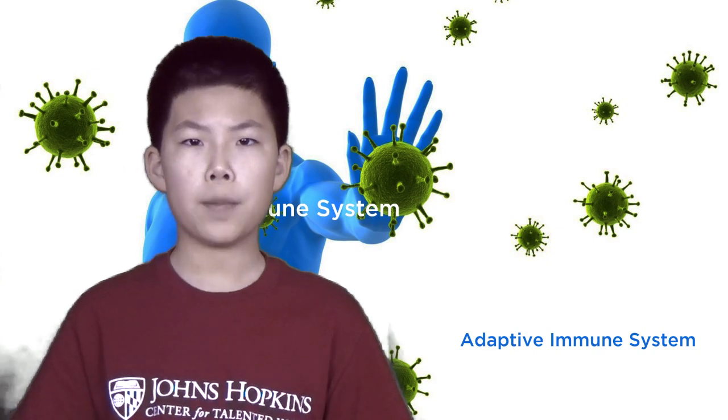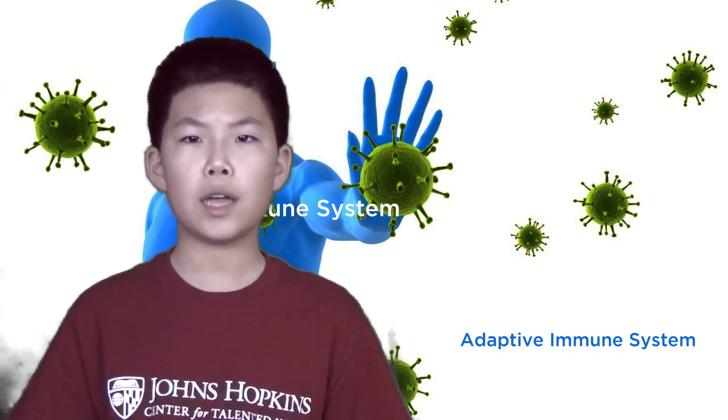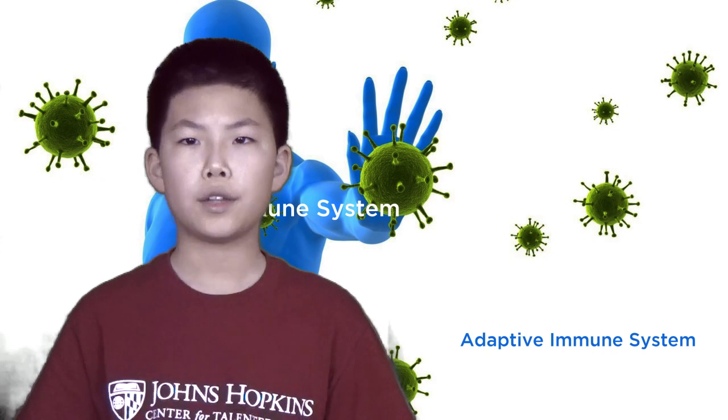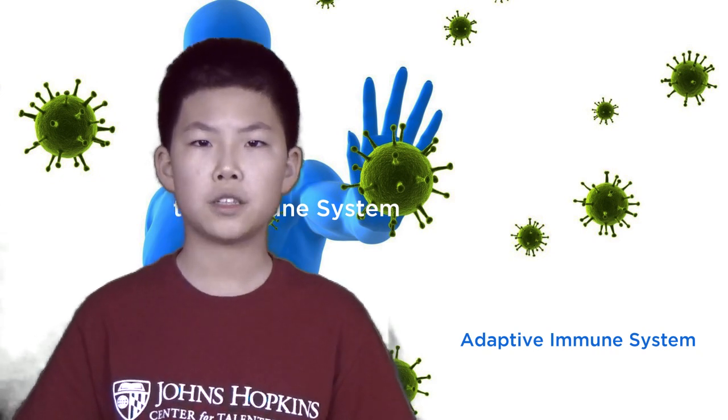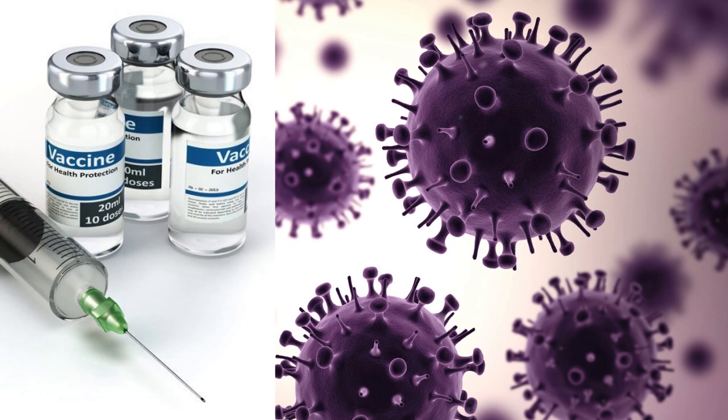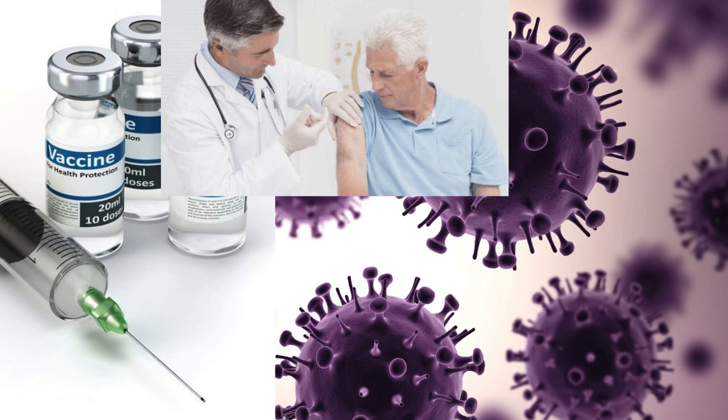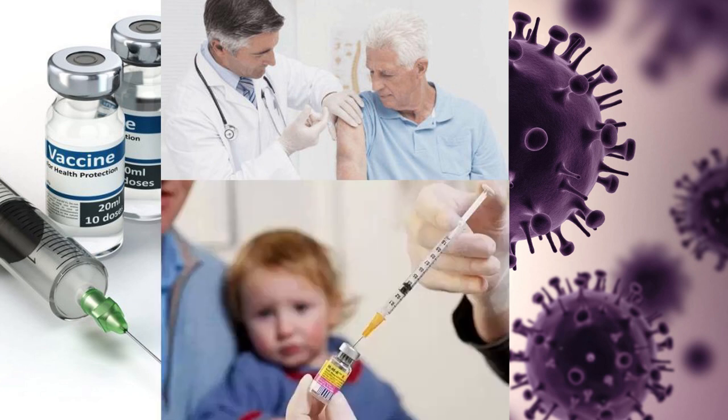Your body can wipe out all the invaders before any infection takes hold. In other words, you develop immunity to a specific pathogen. Vaccines accomplish exactly the same thing by giving you just enough antigen or disabled pathogen exposure for you to develop memory cells, but not enough to make you sick.